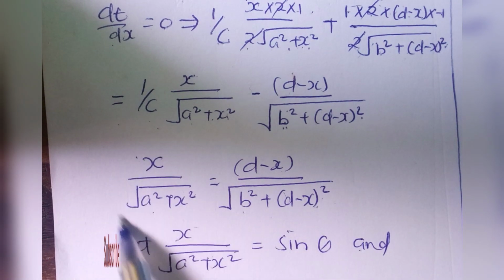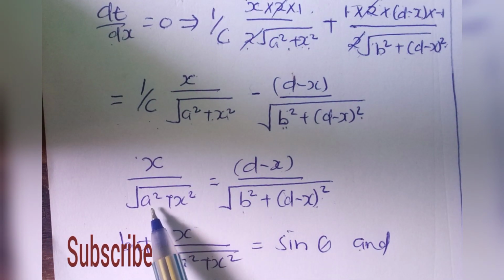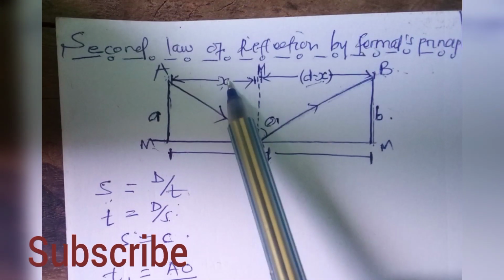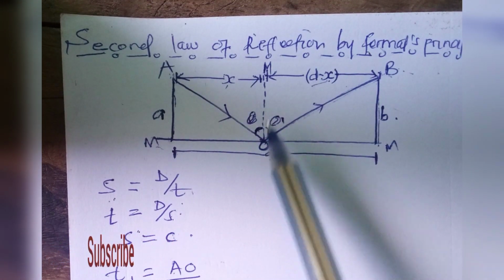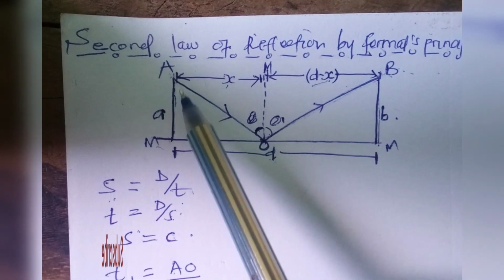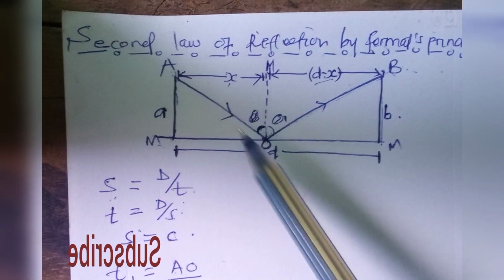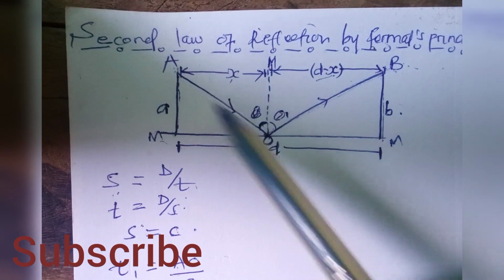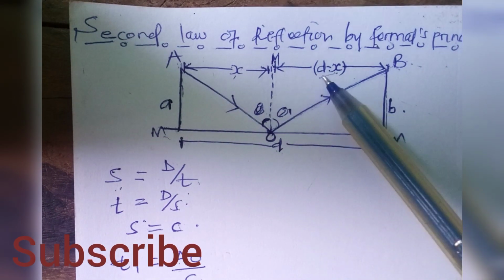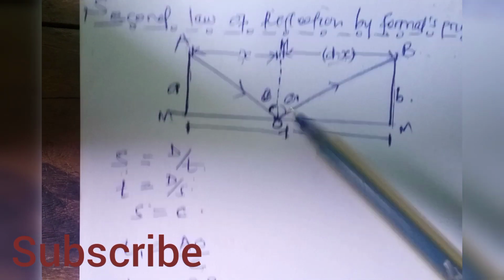So from our diagram, x over the square root of A squared plus x squared. Now remember, the square root of A squared plus x squared is AO. So it means that x over AO is given by sine theta. And also d minus x over OB is given by sine theta 1.